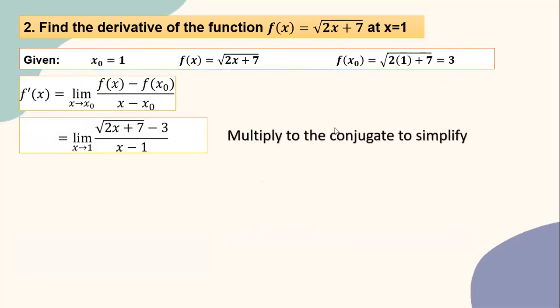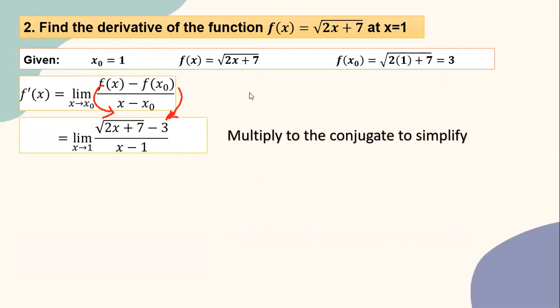Next. Okay, so sinubstitute lang. F of x is square root of 2x plus 7. And then si f of x sub 0 is 3 over x minus 1 as x approaches 1.